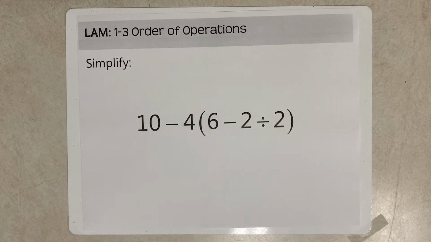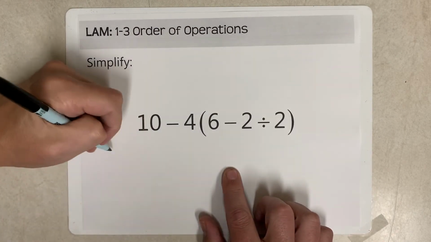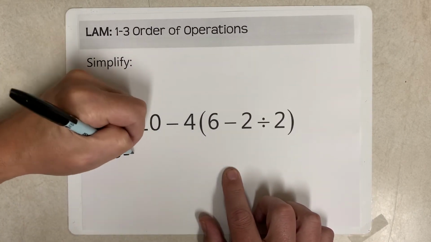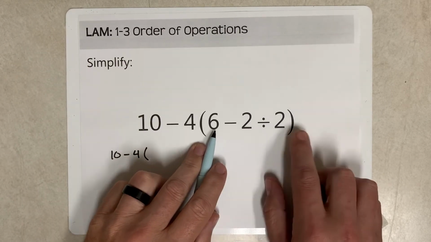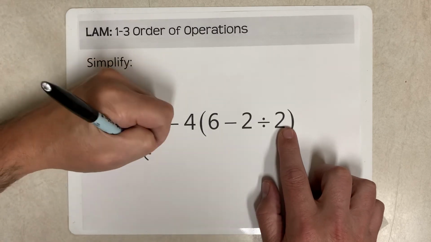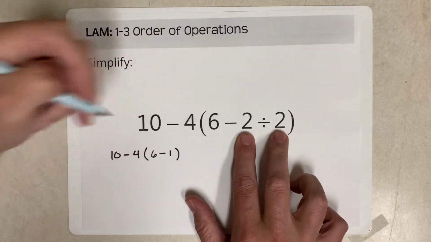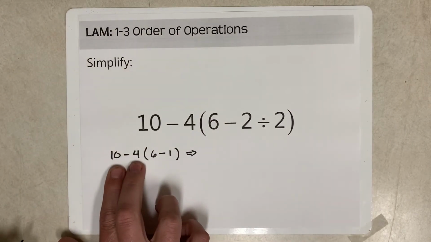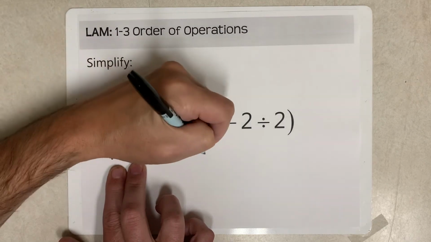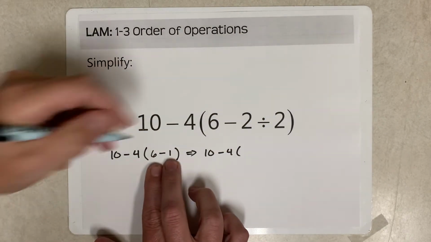Okay, we have another one here, this one. Parentheses first. So we have 10 minus 4 times. Really tempting to do 6 minus 2, but you can't. You have to do this. 6 minus 2 divided by 2 is 1. And then that's it. Next step. Again, really tempting to do 10 minus 4, but you can't. 10 minus 4 times. 6 take away 1 is 5.